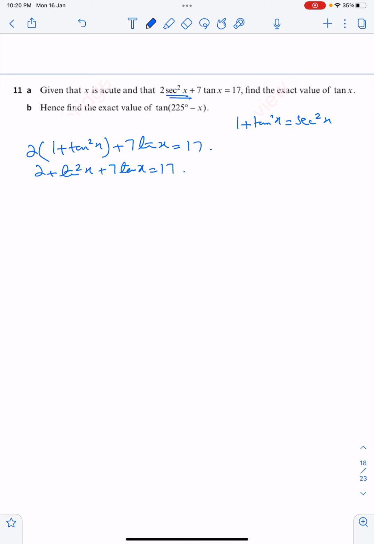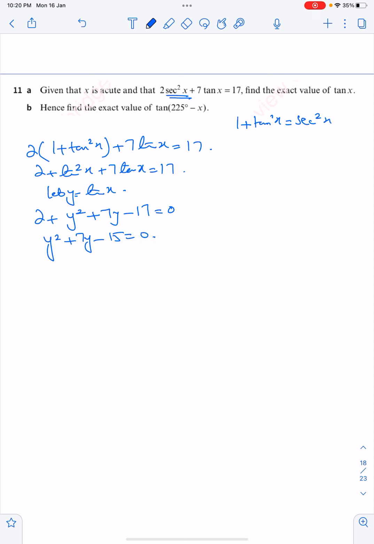So this will become, let y equal tan x. So 2 plus y square plus 7y minus 17 equals 0.